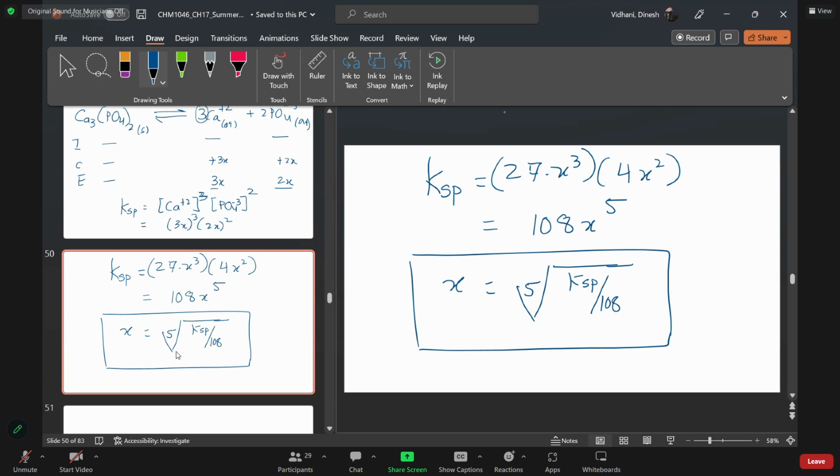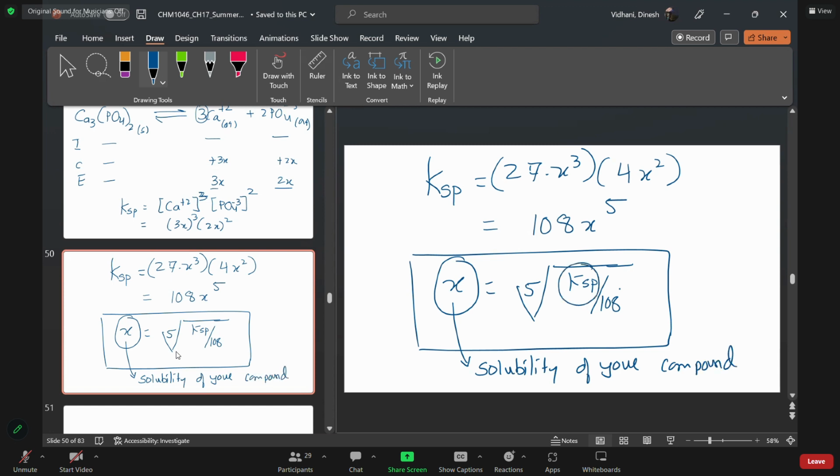Now, what is the difference between X and KSP? See, we are using these two terms here, right? X is the amount of your ions which is existing in the solution. So X represents the solubility of your compound. Then what is KSP?